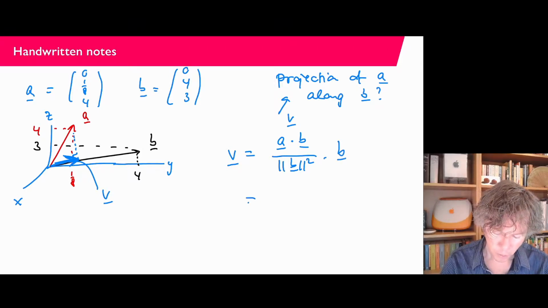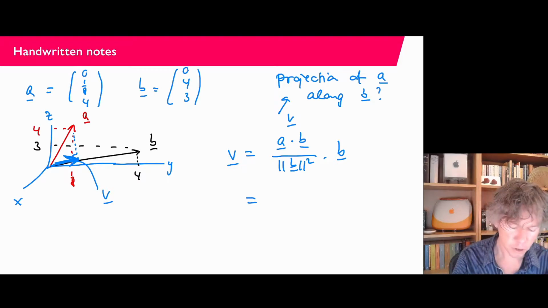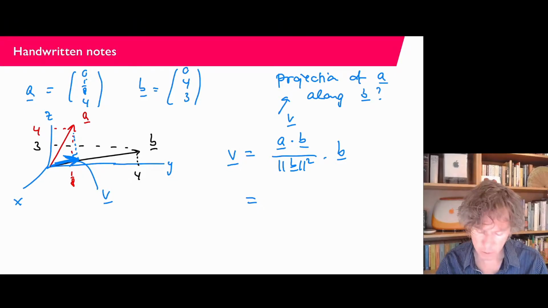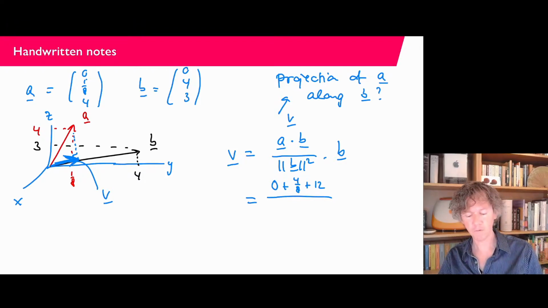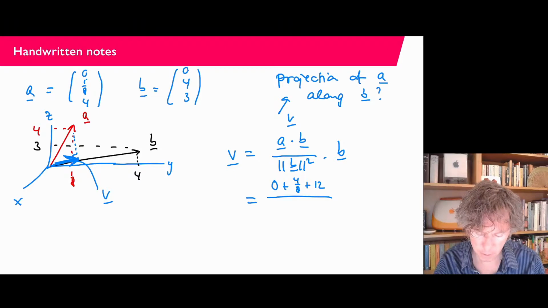So the dot product between a and b, that's 0 times 0 plus 1/8 times 4 plus 12. So that's 0 plus 4/8 plus 12 over, well, the length of b squared is 16 plus 9.